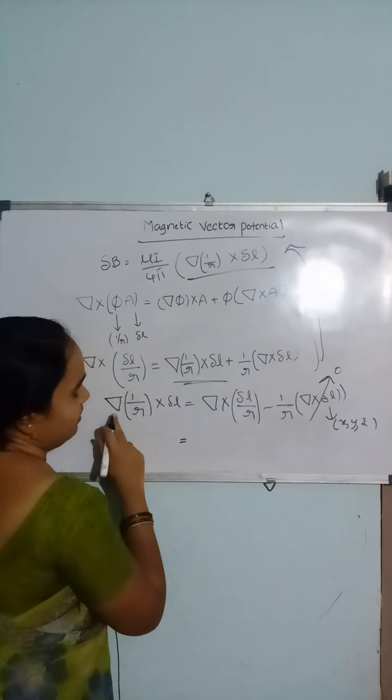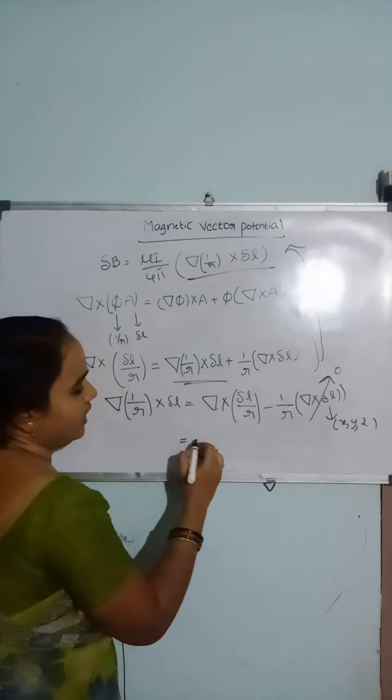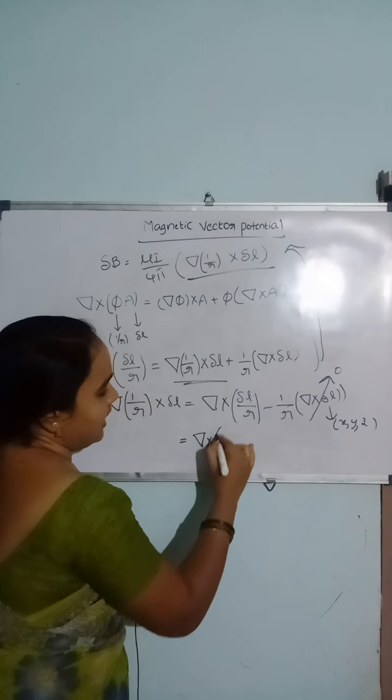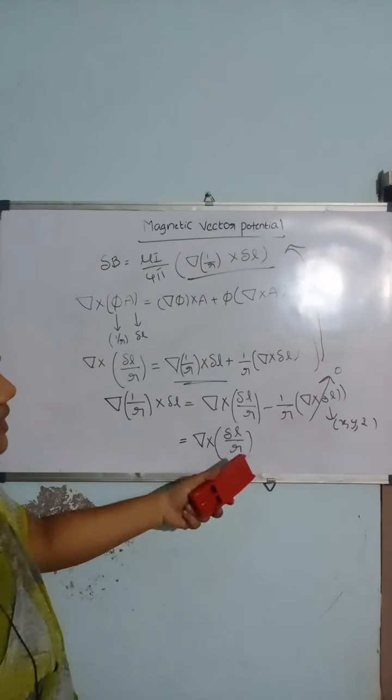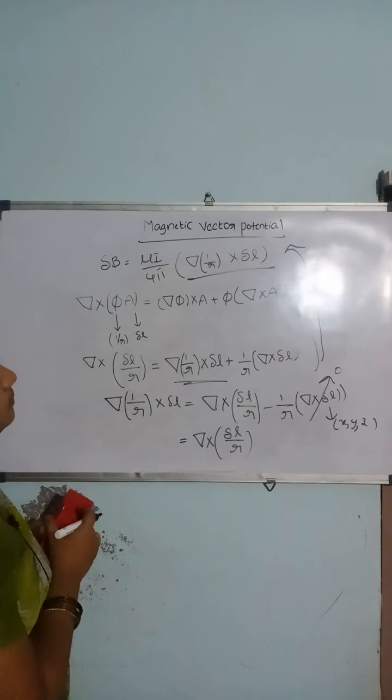So in place of del of 1 by R cross delta L, we can simply replace with del cross of delta L by R.